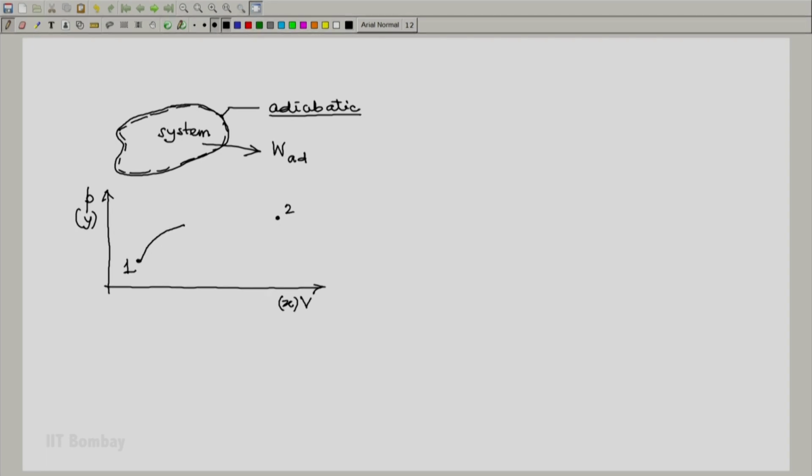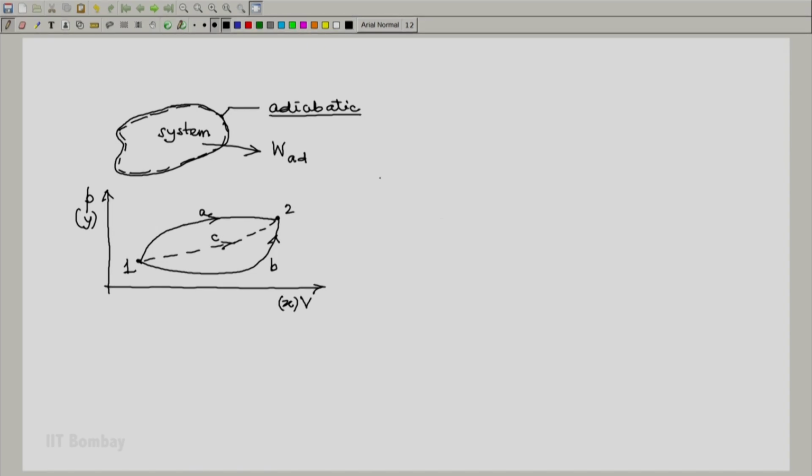For example, one process could be like this. This is a quasi-static adiabatic process. Another quasi-static adiabatic process could be like this. A third, non-quasi-static adiabatic process could be like this. This is just a representation, the path does not matter.